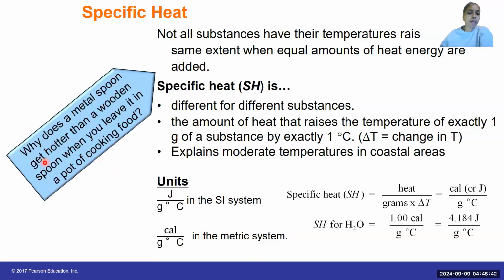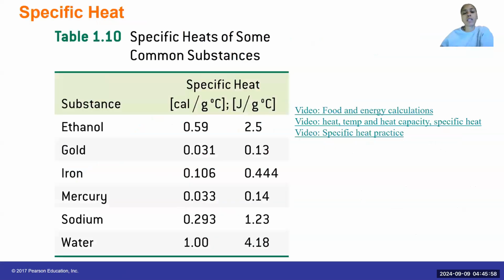Remember we talked about that metal spoon versus the wooden spoon? Well, the metal spoon gets hotter with a smaller input of energy. That means it has a smaller specific heat. Let's take a look. Notice that these substances have different specific heats.